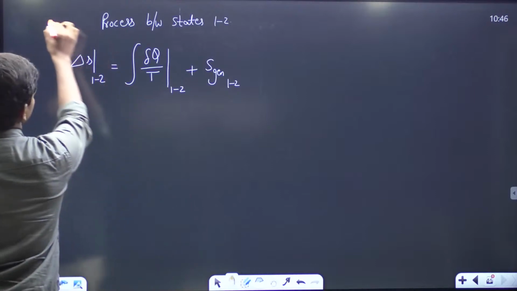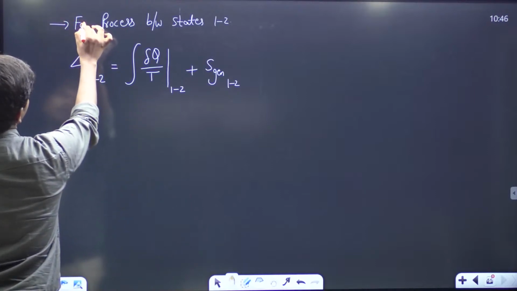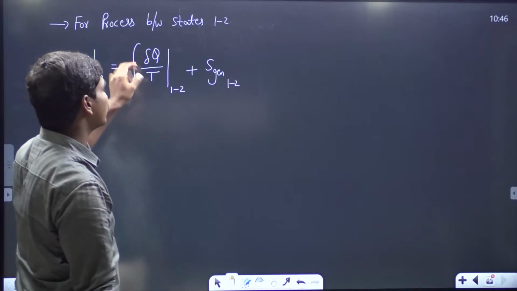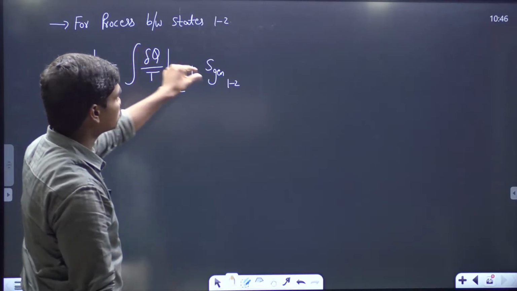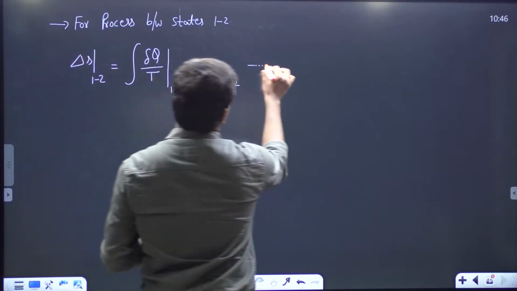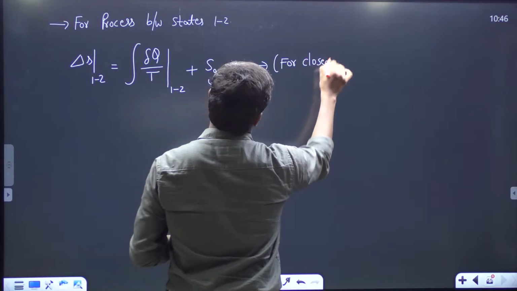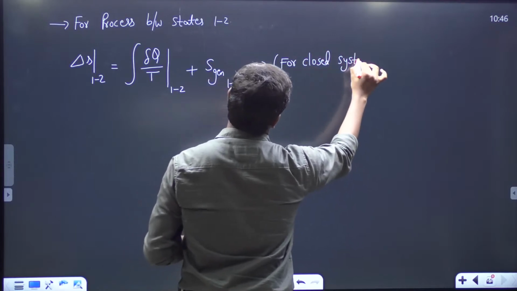So let us summarize all the results that we learned in entropy. For a process between states 1 and 2, the change in entropy of the process is given by the entropy change due to heat transfer plus this, for closed systems. Of course, we are dealing with closed systems, because in open systems you can have mass interactions as well.